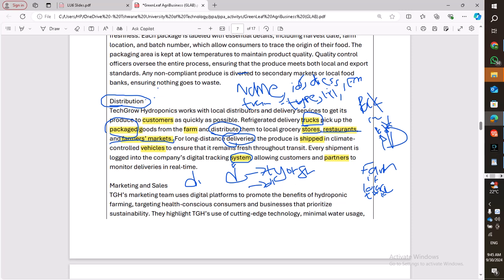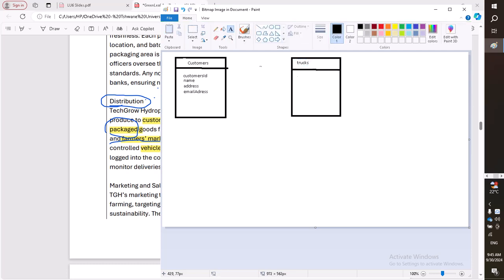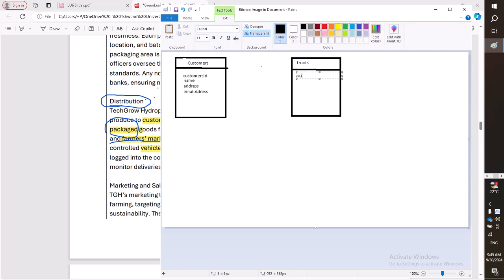So here we'll have the size of the truck, the truck ID, and the truck size.